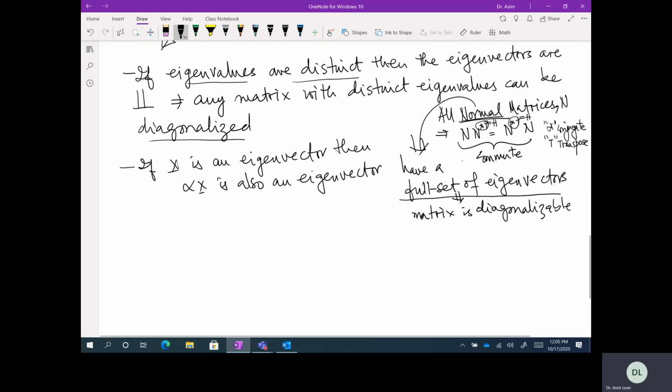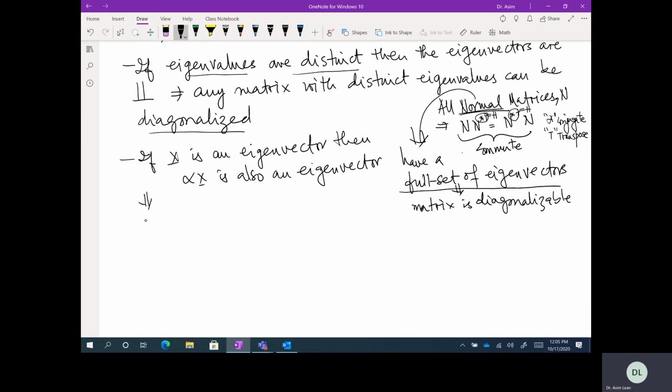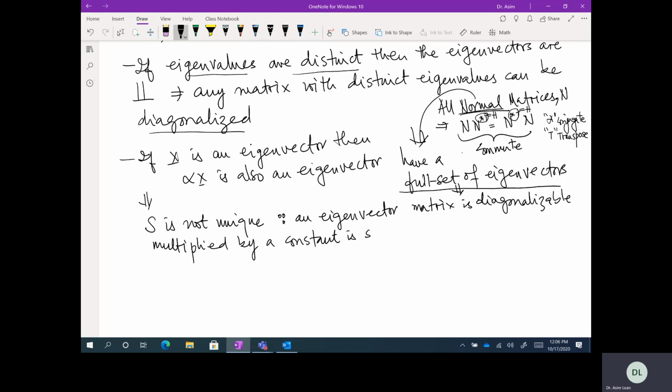Diagonalizing matrix S is not unique, because an eigenvector multiplied by a constant is still an eigenvector.